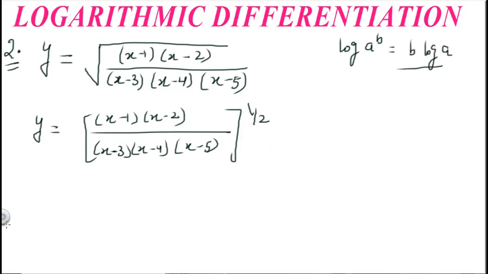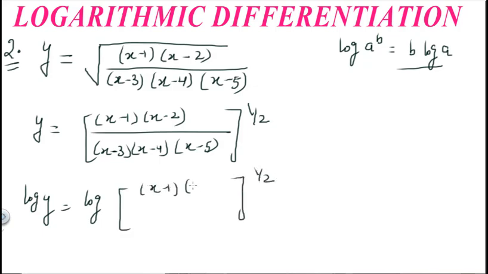So we will apply this here. So taking log on both the sides, we will have log of this complete value. Correct? So I will write x minus 1, x minus 2, x minus 3, x minus 4 and x minus 5. Clear? Now applying this formula, what is b here? Half. So half will come in front.